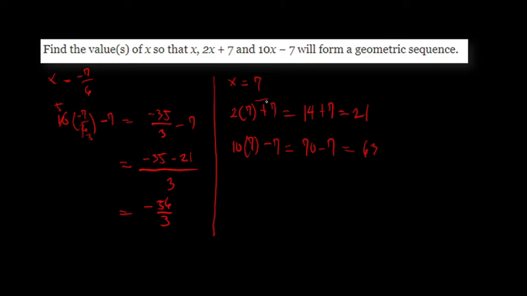So the first term is 7, second term is 21, third term is 63. So you can validate that. You can check if that is correct. 21 divided by 7, 3. So that's it.